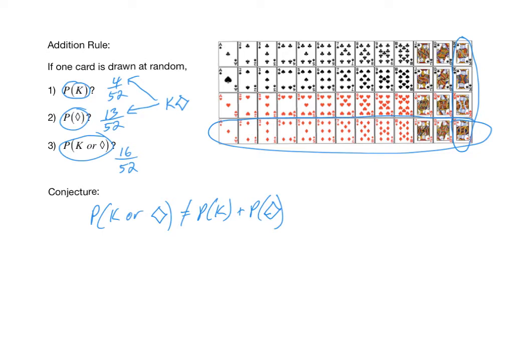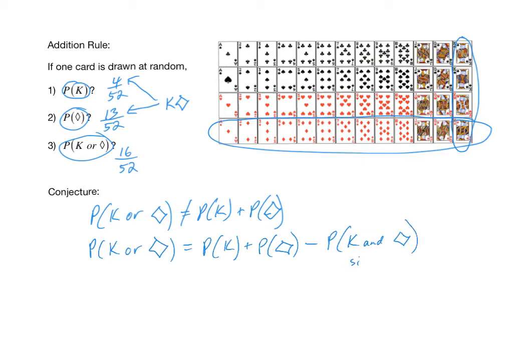So 4/52 plus 13/52 is 17/52, but we need to subtract off that one repetition of the king of diamonds. If we do that, we then get that the probability of getting a king or a diamond is equal to the probability of getting a king plus the probability of getting a diamond minus the probability of getting something that's simultaneously both a king and a diamond. I'll just put that word down here.